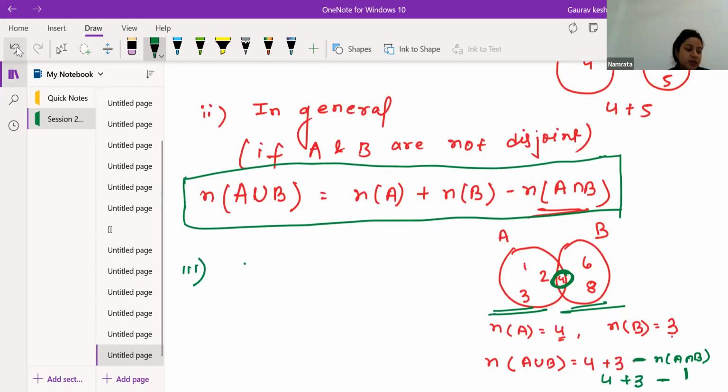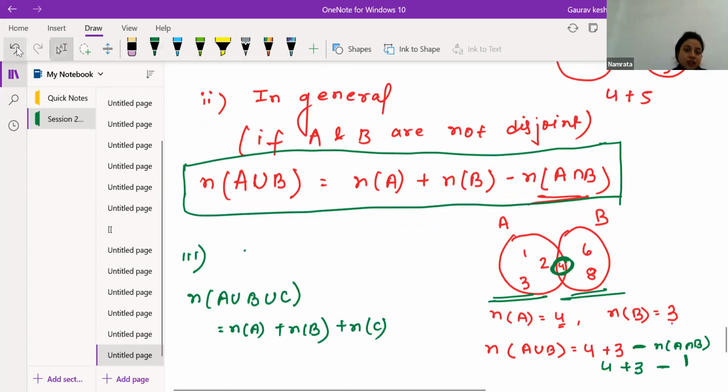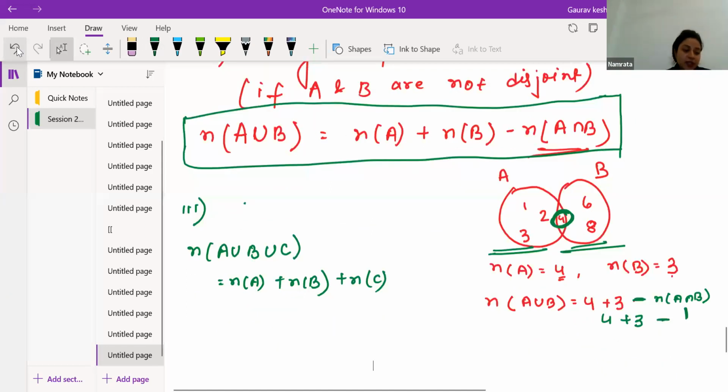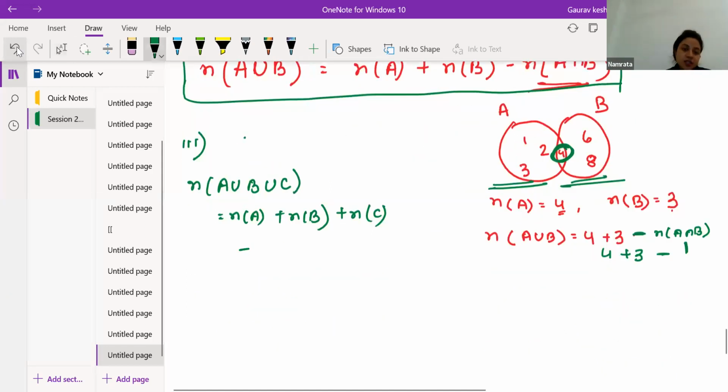If A, B, C are finite sets, then the number of elements in A union B union C will be the number of elements in A plus the number of elements in B plus the number of elements in C. Now again we have to do the subtraction. So it will be minus the number of elements in A intersection B. Why are we doing the subtraction?